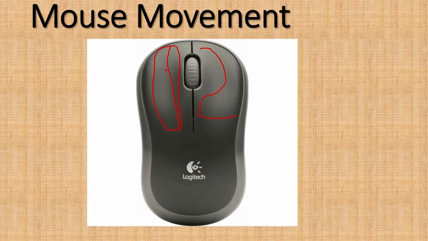So button number one and button number two: the main button, or left button, and the right button. Most times you hear people say click. When you hear the word click, it means you should click the main button, which is this part, but when you hear the words right click, it means this other second part.